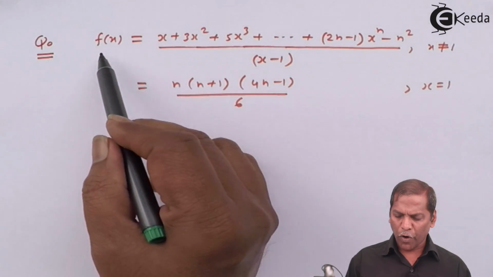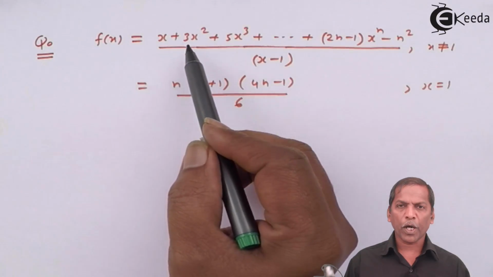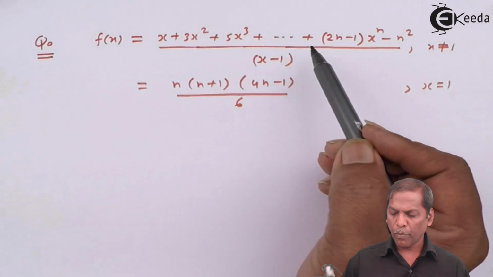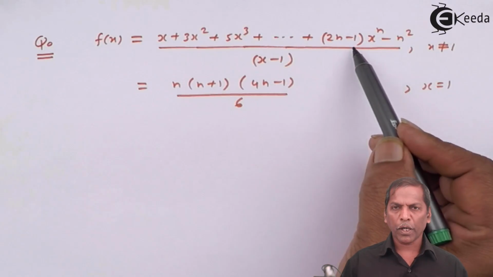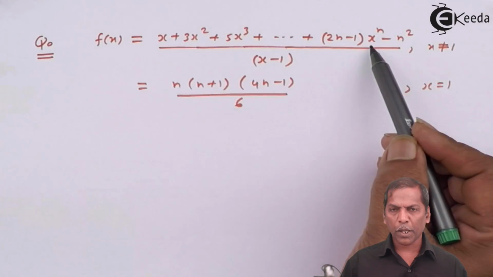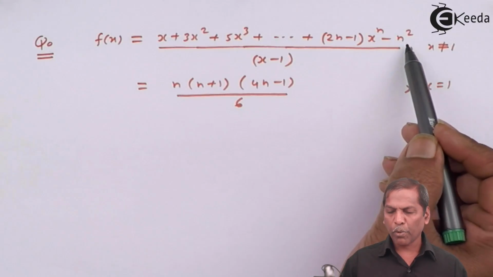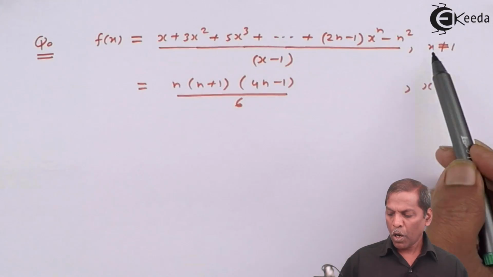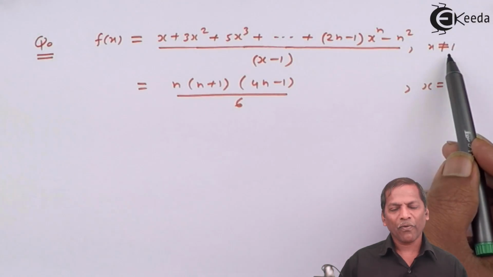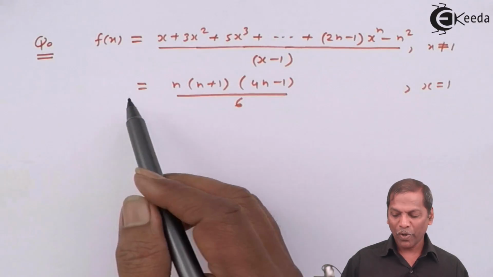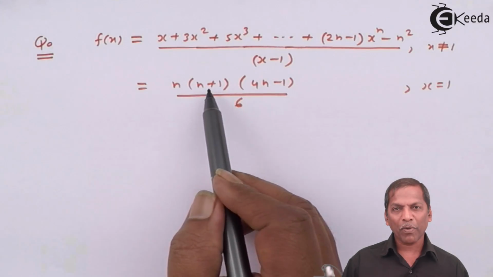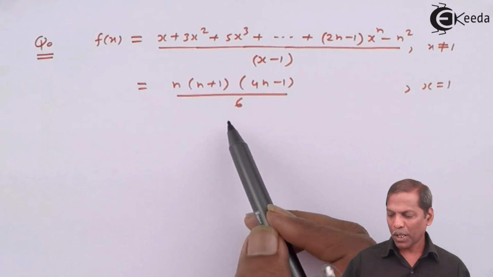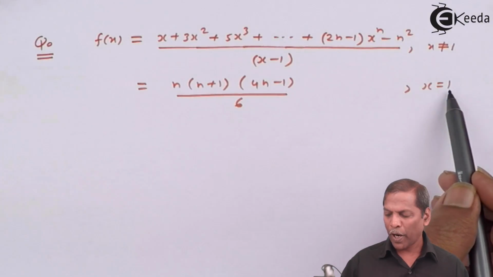The question is f of x is equal to x plus 3x square plus 5x cube plus ... plus (2n minus 1) into x raised n, minus n square, and whole thing divided by x minus 1, for x not equal to 1, and it is equal to n into (n plus 1) into (4n minus 1) whole thing divided by 6, for x equal to 1.